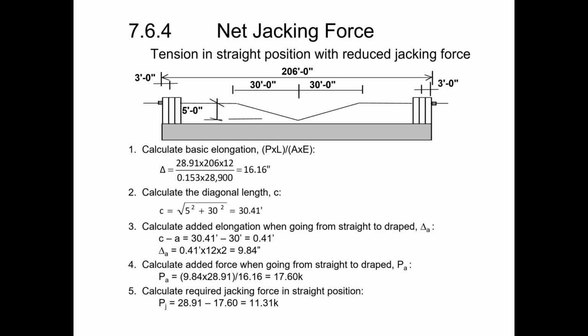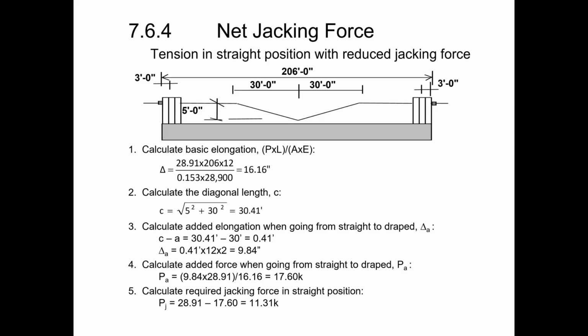As long as you are consistent in your units, our basic elongation is P times L over A times E. In this example up on the screen, we're given a required force of 28.91 kips. We've got a strand length, chuck to chuck, of 206 feet. We're given an area of 0.153 and a modulus of elasticity of 28,900 KSI.